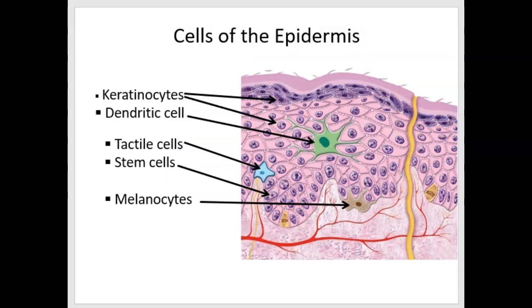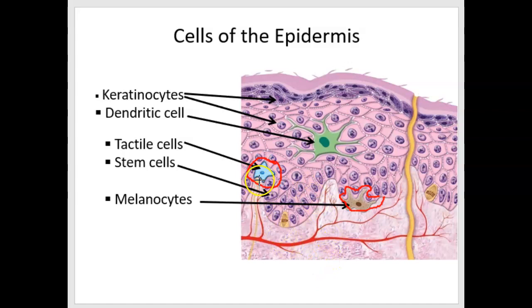So in the stratum basale, we have 4 different types of cells. We have the keratinocytes, the normal keratinocytes. We have stem cells. We have melanocytes, which make melanin. And then we also have these tactile cells.